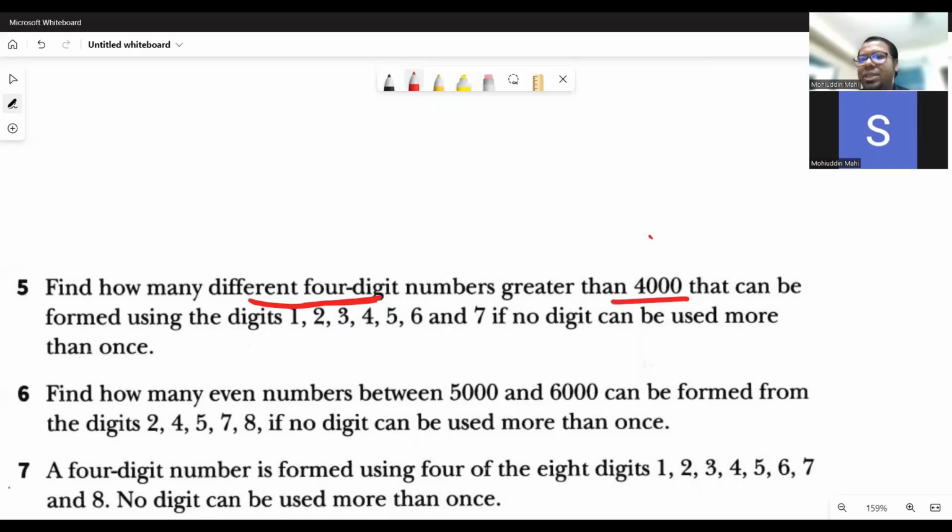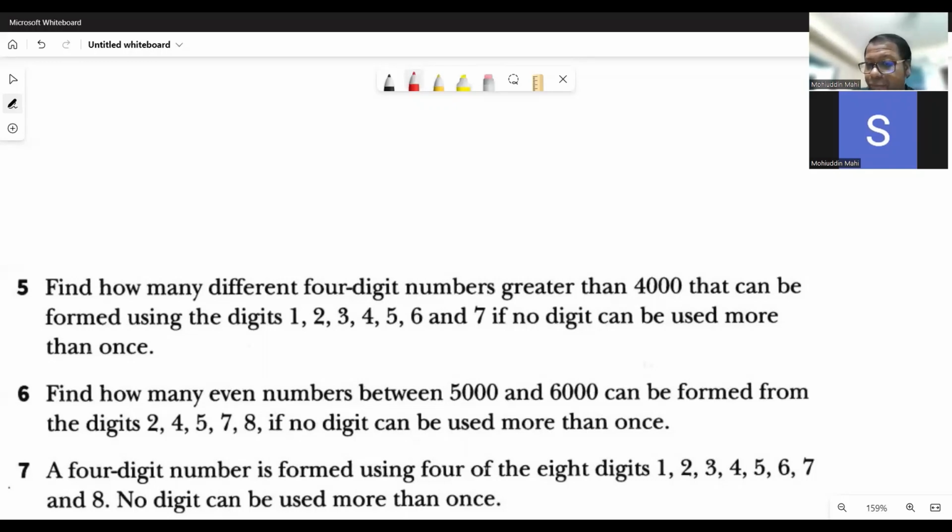Now, if the question was, how many 4-digit numbers can you make using these digits, then the answer was very simple, 7p4. But here, there is another condition which is added. The 4-digit number has to be greater than 4,000. So think about it. For a 4-digit number, the first digit has to be greater than 3.